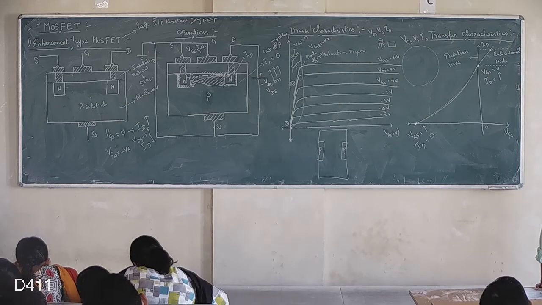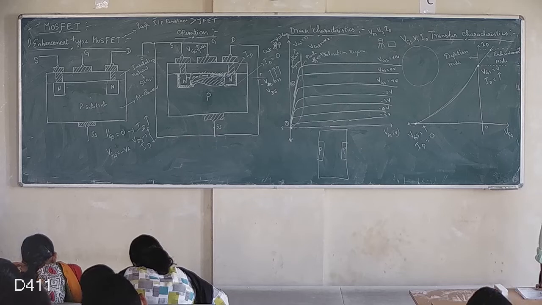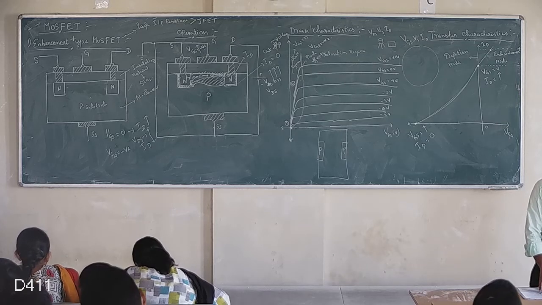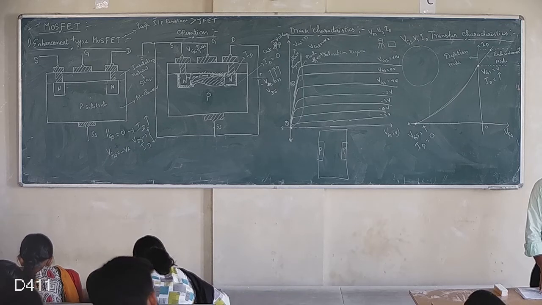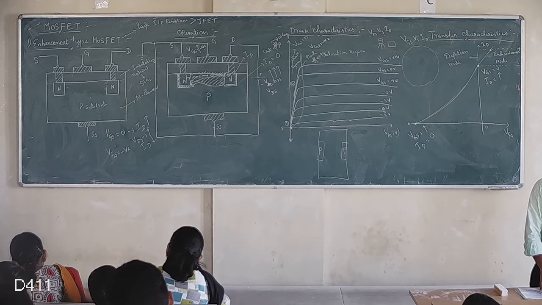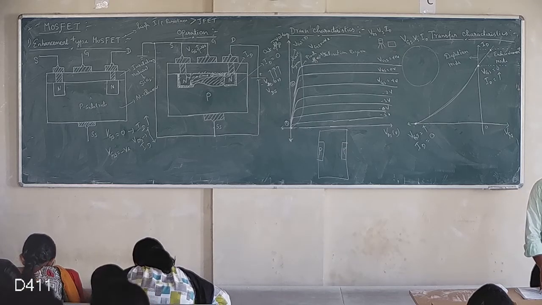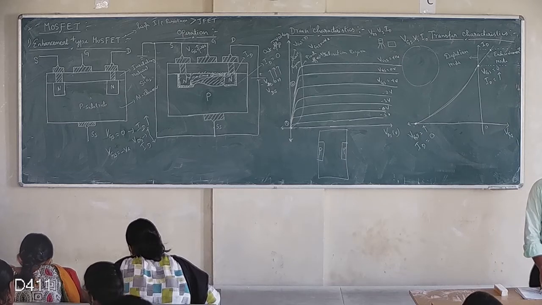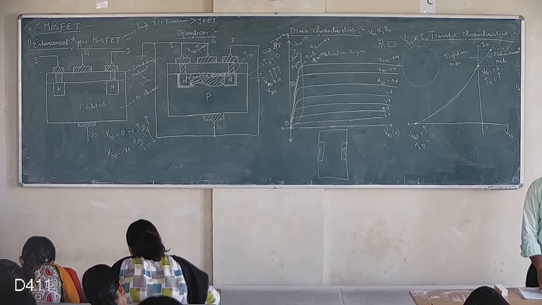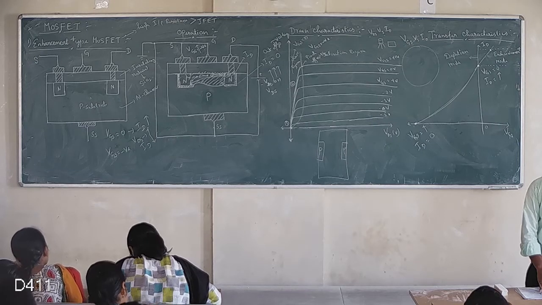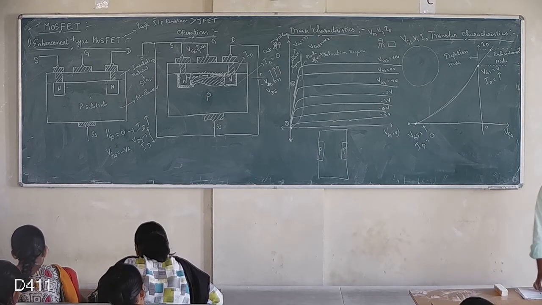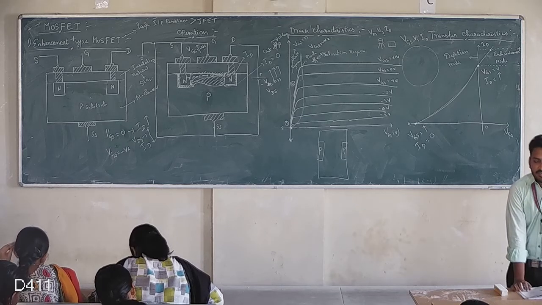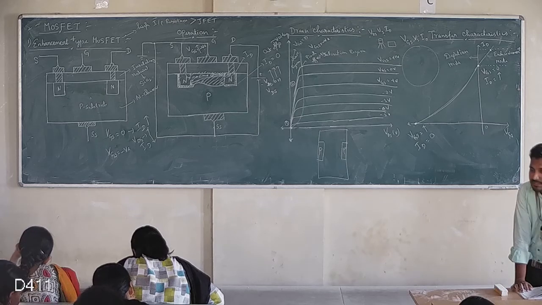This increase in voltage increases the reverse bias on the gate source junction, which makes the depletion region grow.